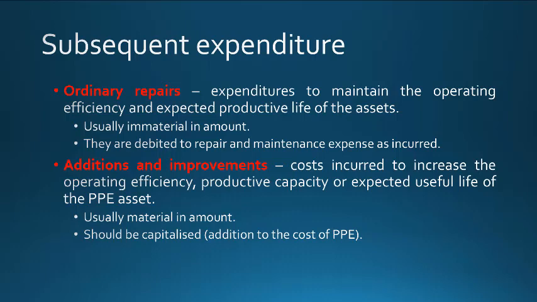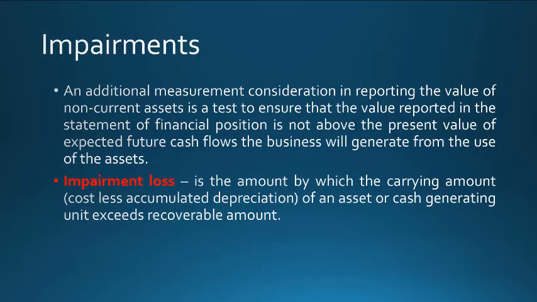While additions and improvements are costs that increase the operating efficiency, productivity capacity, or expected useful life of the property, plant, and equipment. It is a material amount and should be capitalized. When you say capitalize, the cost of these additions and improvements will be added to the cost recorded for the property, plant, and equipment.